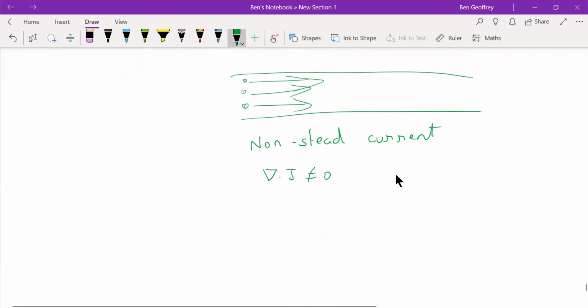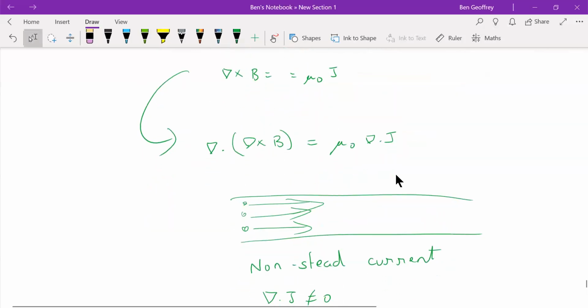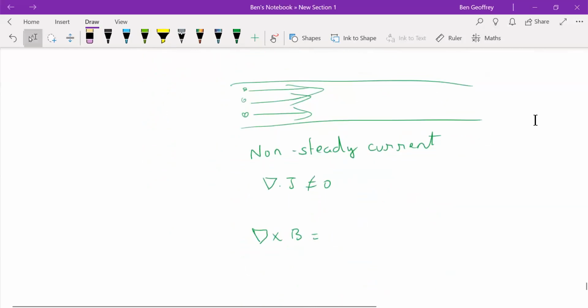So this equation is now modified so as to cancel off the extra terms. Because the left hand side has to cancel when you take the divergence, the right hand side gives you a non-zero term for the non-steady current. To cancel off that term, he introduced another term which is called the displacement current.